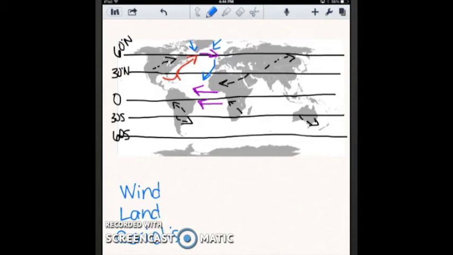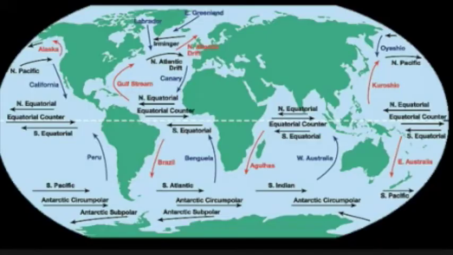Let's take a look at all of the global surface currents. Take a minute and record these currents in your notes so that you have them all, and observe where the cold water currents are, where the warm water currents are, like on what side of the continent they are, where they're coming from, and that sort of thing, and see if you can come up with a few patterns that you notice about the different warm water and cold water surface currents, and then the transitional cooling and warming currents.